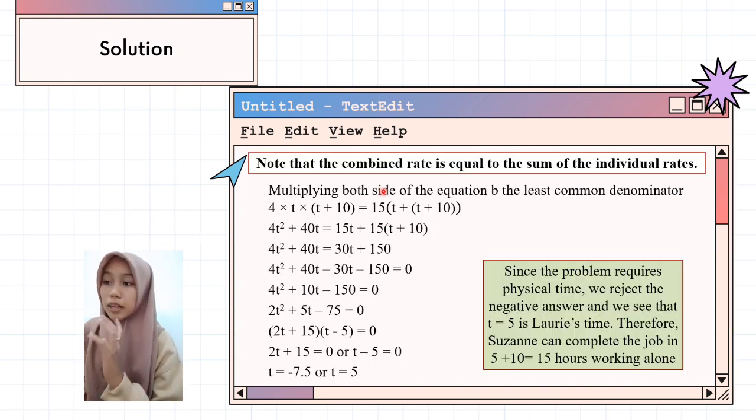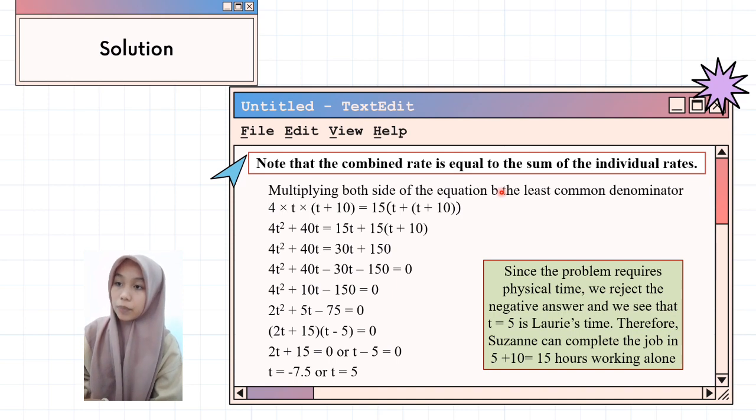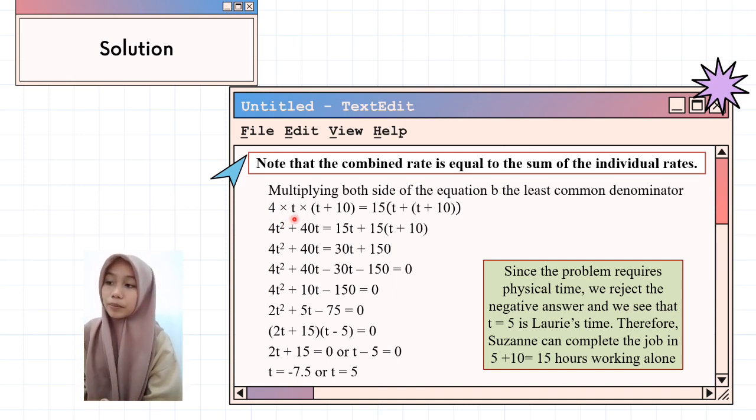Note the combined rate is equal to the sum of individual rates.